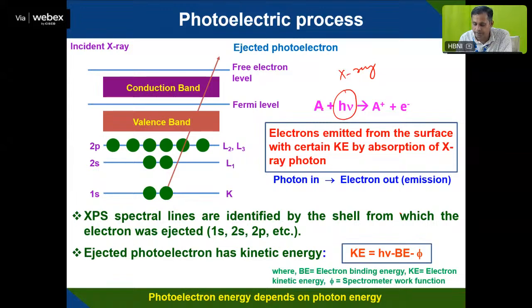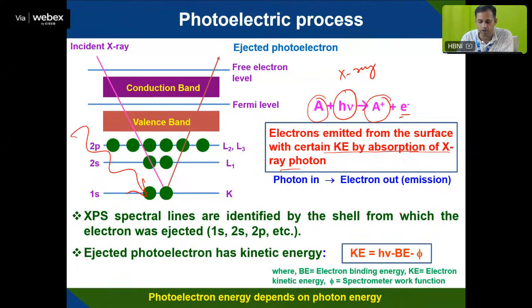So an electron is emitted from the surface with a certain kinetic energy by the absorption of the X-ray photon. The X-ray photon that you are putting on this will fall on this, and because of this, when the X-ray photon is coming here, that's what is happening.